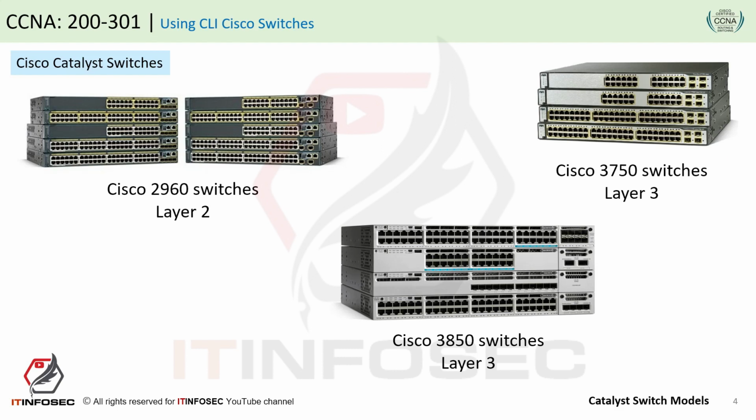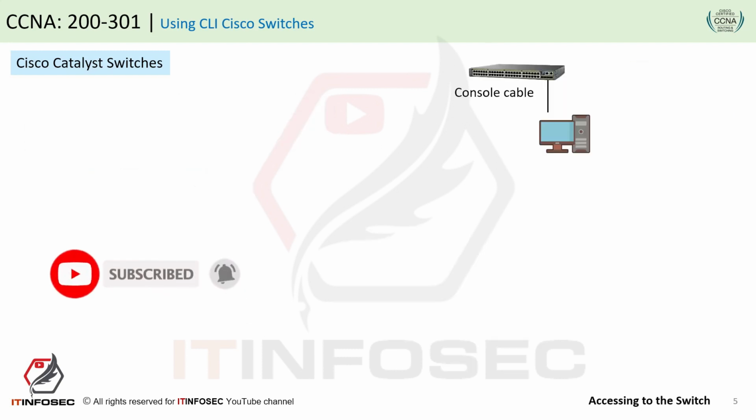Besides controlling the switch's performance and behavior, Cisco IOS also defines an interface for humans called the Command Line Interface, or CLI, which the user can work with for configuring and for getting any information from the switch.